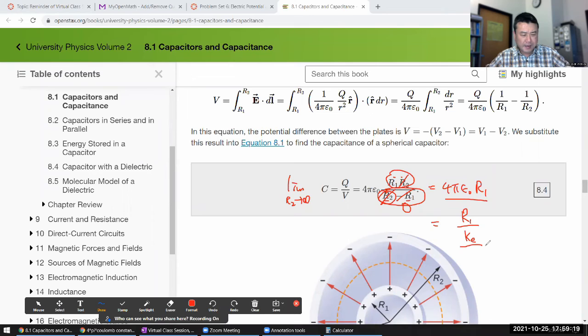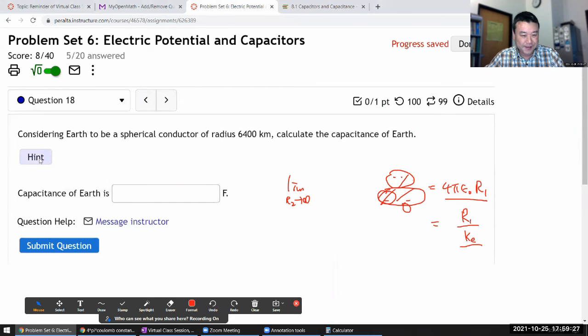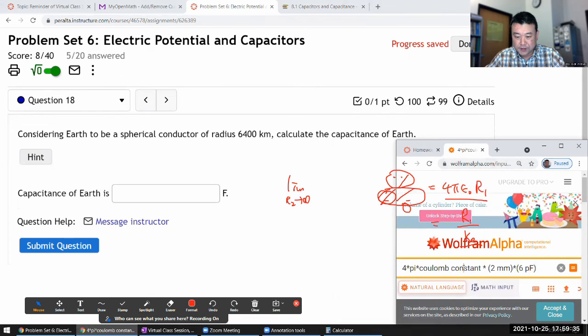I've almost done this question, so let's just finish it. Using that expression, you take the radius of Earth. Let me just plug those in. I have my radius of Earth, the equatorial radius, divided by the Coulomb constant.